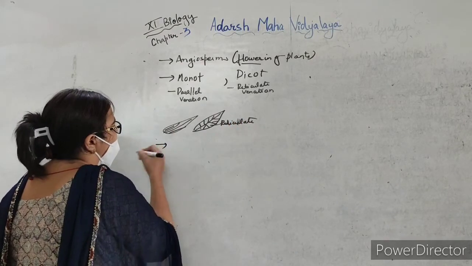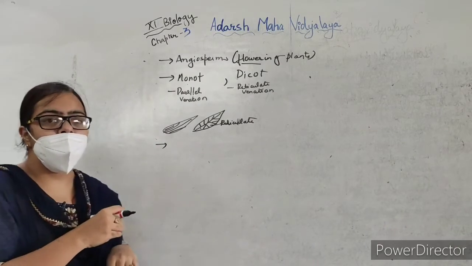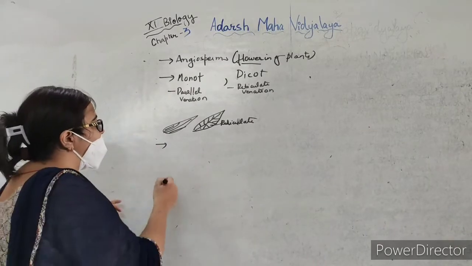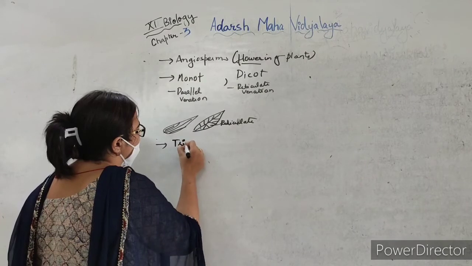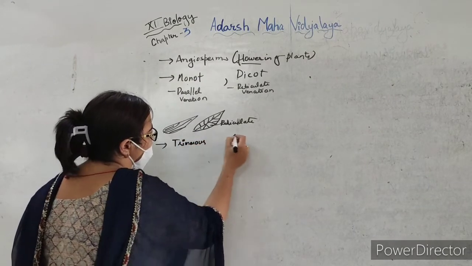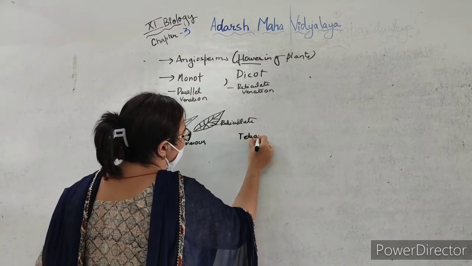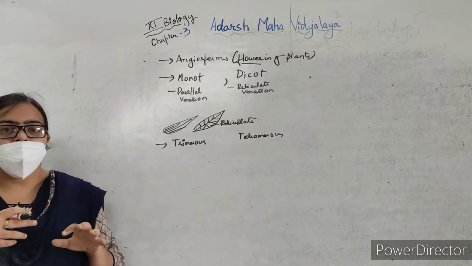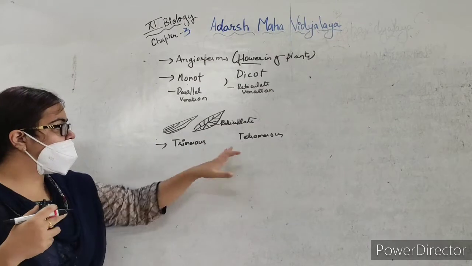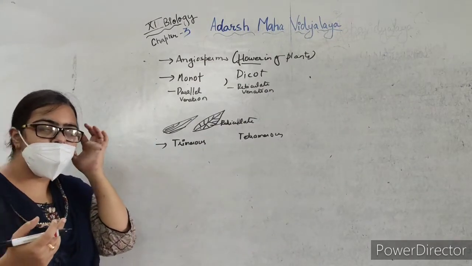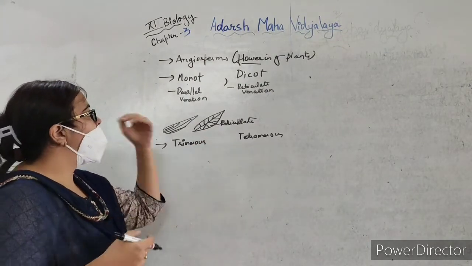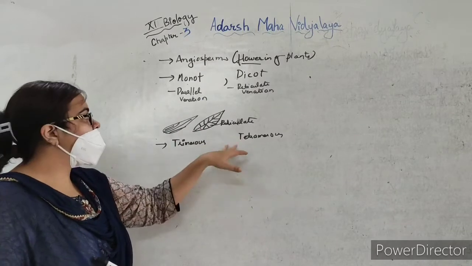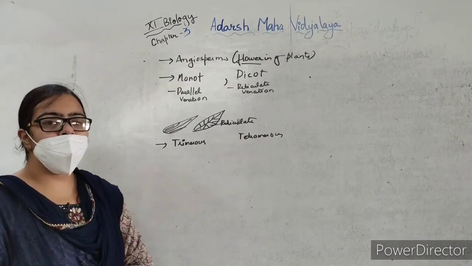Another thing is that monocots will have trimerous floral appendages, and dicots will have tetramerous. So they will have floral appendages in a group of 3, and dicots will have them in a group of 4.